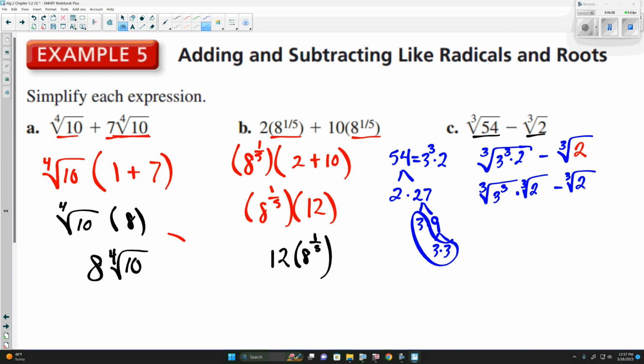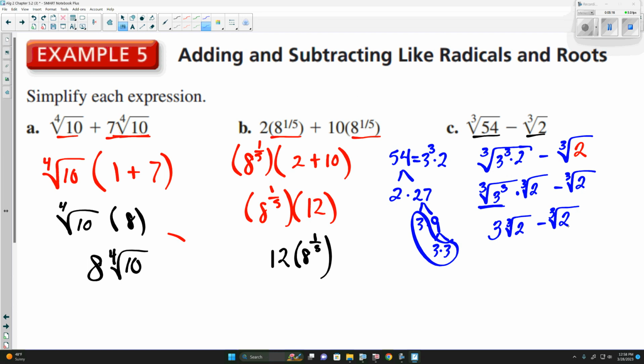Well, the cubed root of 3 to the third would be 3, because our third power and third root simplify. But it'd still be multiplied by the cubed root of 2. And we're still subtracting from it the cubed root of 2.